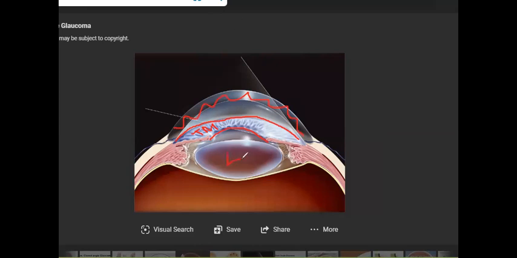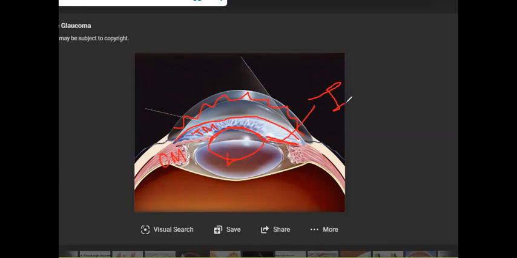And this is the lens, and this little circular portion left is basically what we call the pupil, and it lets light go and touch the rod and cone cells present at the back. This is the ciliary muscle, and this line which I'm drawing right now is the iris.